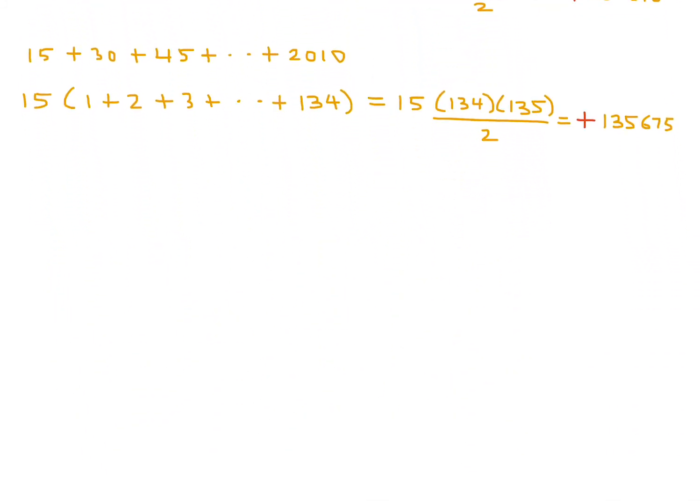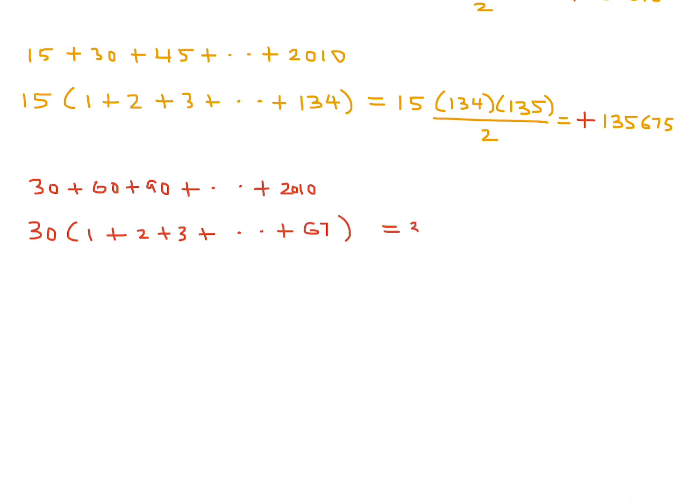We have to now subtract the multiples of 30. So 30 plus 60 plus 90, ... And then what number are we going all the way up until? 2010 again. 2010 is a multiple of 30, interestingly. So you are an expert now. Factor it all out. And then 2010 divided by 30 is 67.